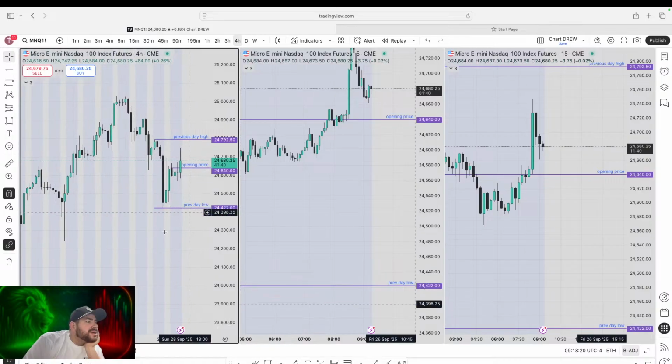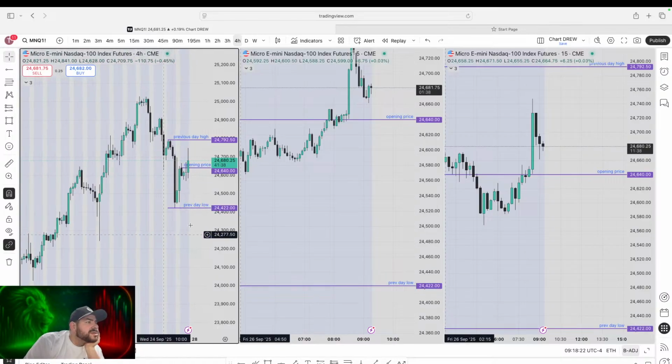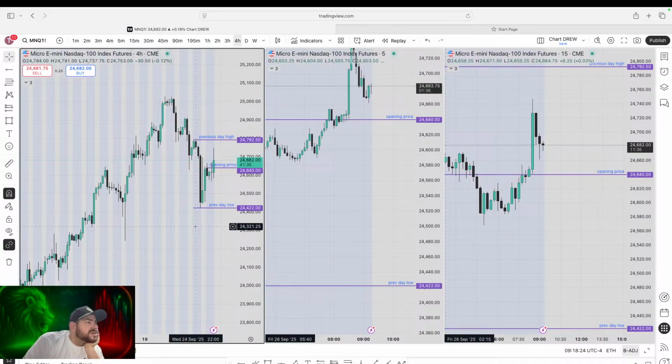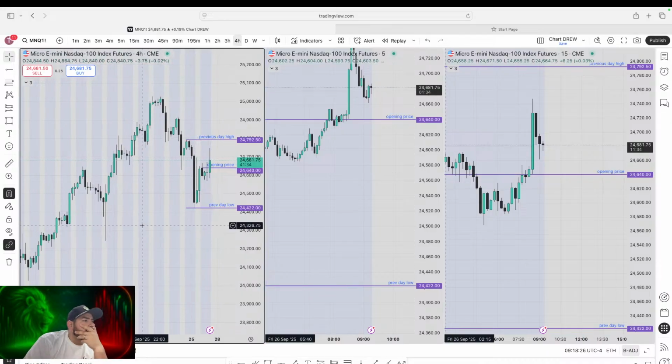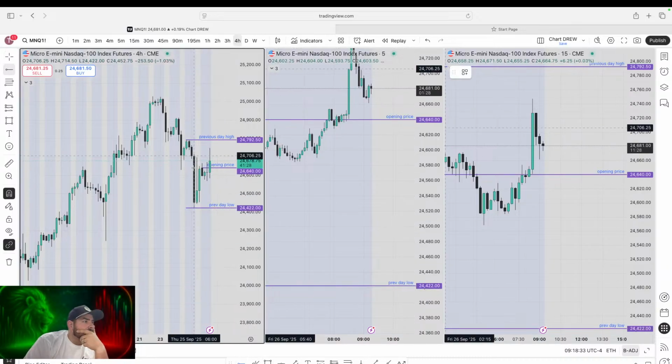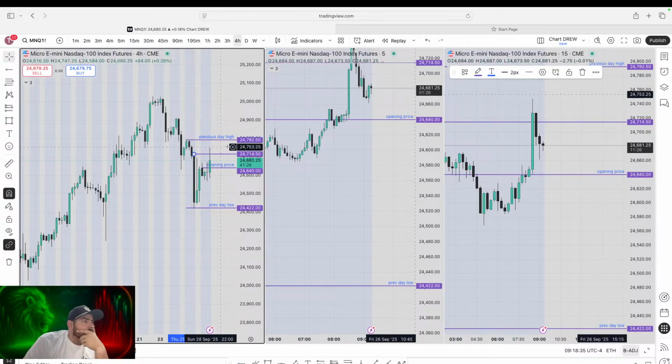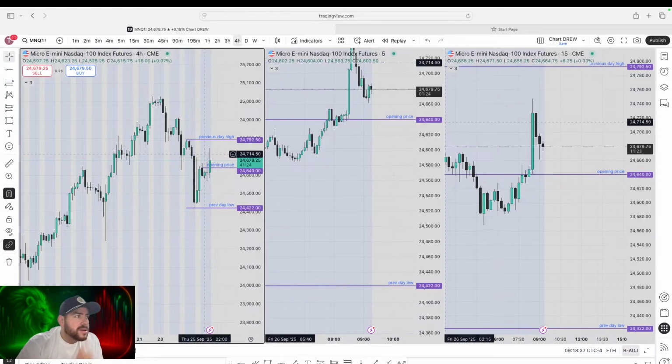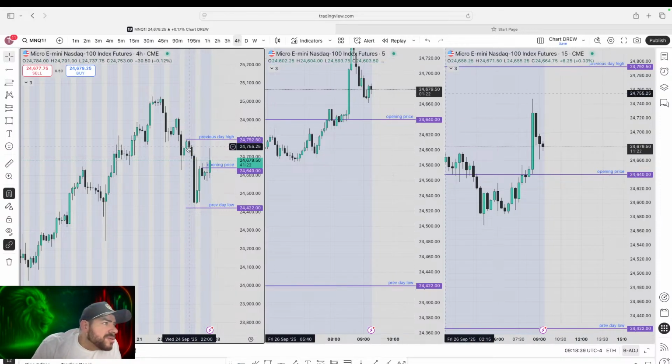Okay, now the 4-hour chart. Let's see. We got a 4-hour here. Right there, 4-hour above right there, that we're kind of hitting with the little order block there.